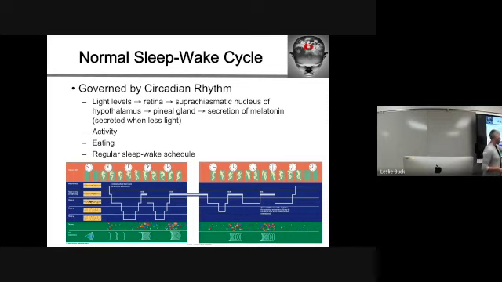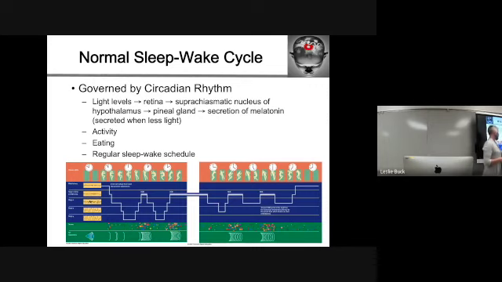And then you cycle back up, and you're going to go back through the sleep spindles. And then when you get to the tip top, you're going to enter REM sleep, rapid eye movement sleep. This is the sleep that's most associated with dreaming. The first cycle of the night, you're only going to spend a couple of minutes in REM.